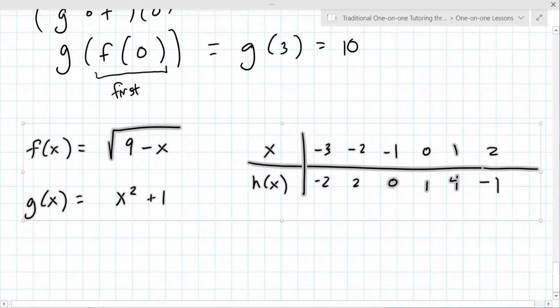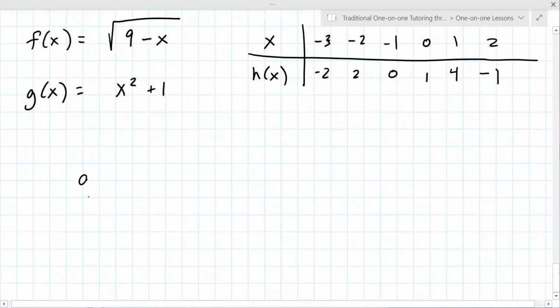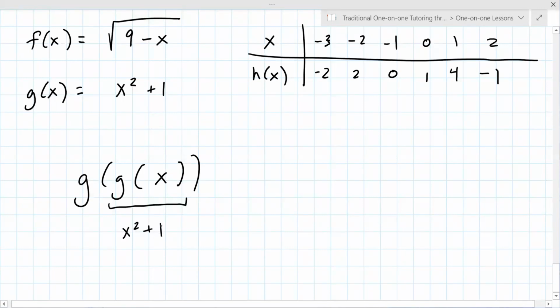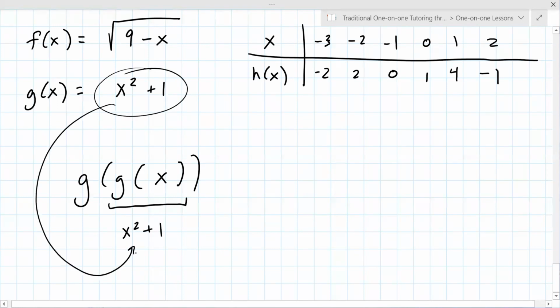Let's say it's g of g of x. Let's do that one first. What is g of x? It's x squared plus 1, right?